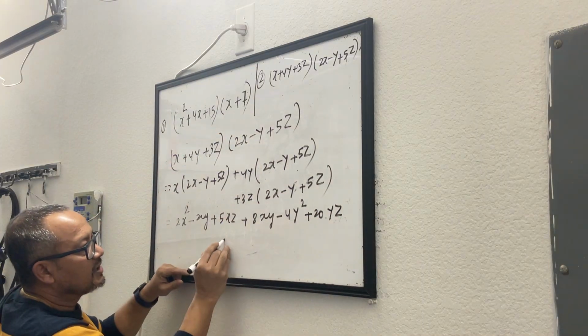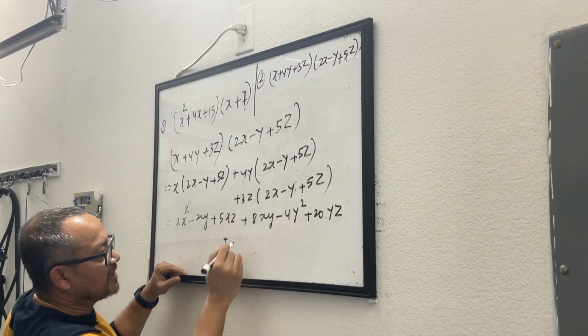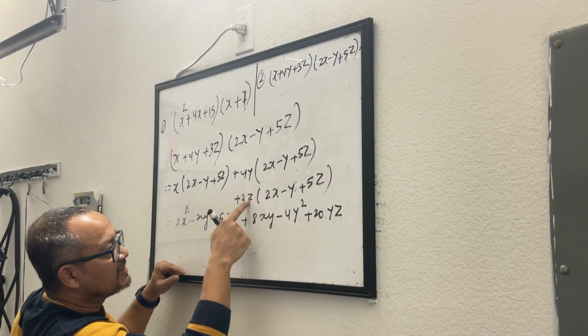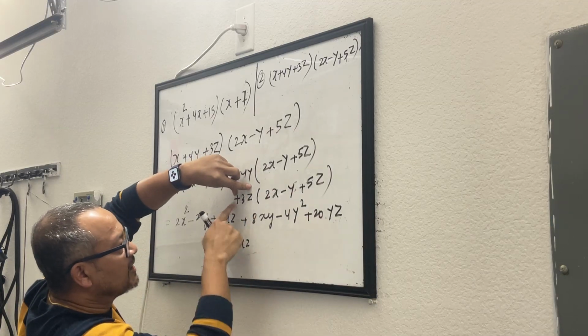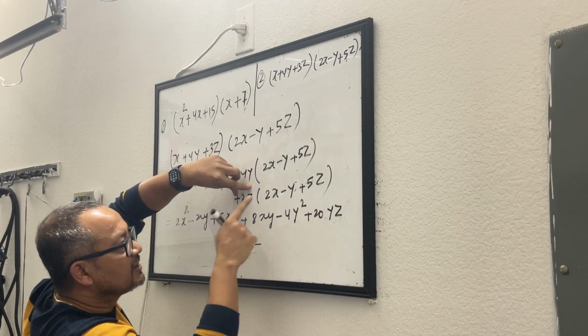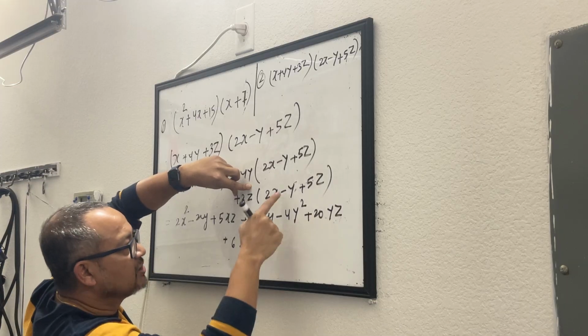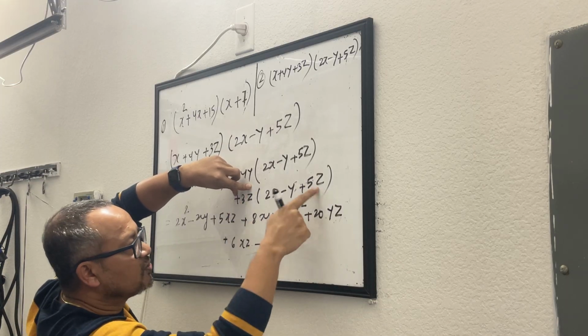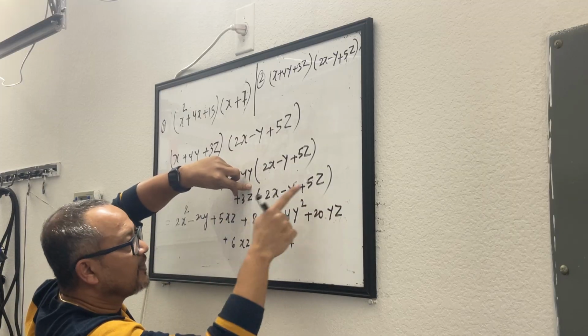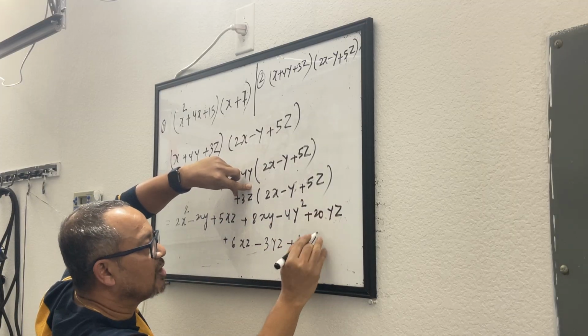Coming here, 3z into 2x, 3 into 2 is 6, z into x is xz. 3z into minus y, so plus into minus gives me a minus sign, 3 into 1 is 3, yz. And then 3z into 5z, so this becomes 3 into 5, 15, z square.